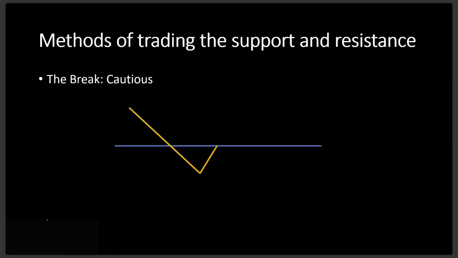If a support level is broken, it then sometimes becomes a resistance. So the cautious traders wait to see if that level has changed its role. They wait for it to come back and test it. And if indeed it holds as a resistance, or has swapped its roles, that's when they enter, setting their stop loss slightly tight just above that level.